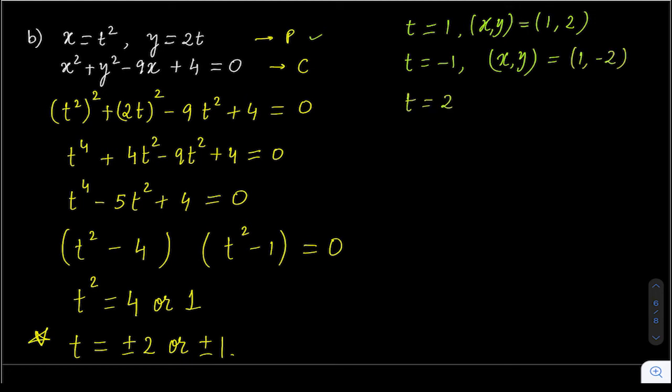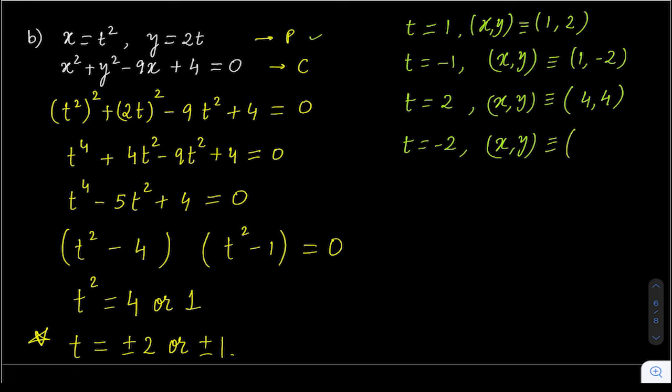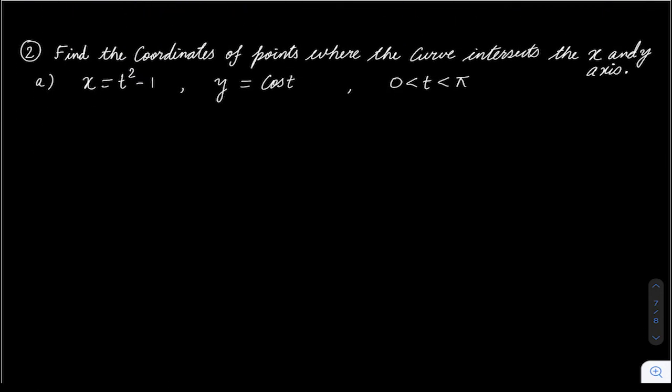When t is 2, this is 4 comma 4. When t is minus 2, my point of intersection is 4 comma minus 4. So these are the 4 answers, or 4 points of intersection. Okay, let's try some more questions.